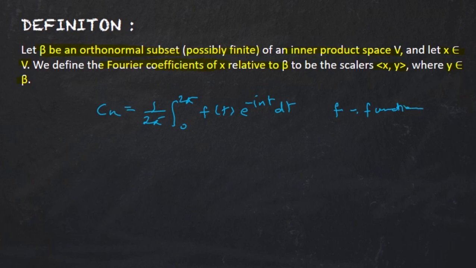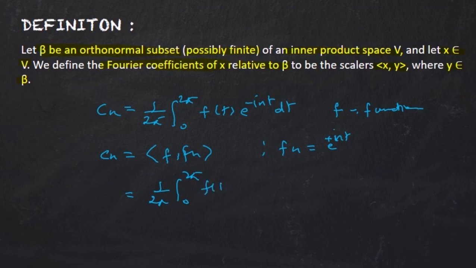So basically this Cn was equal to inner product of f with fn, where fn was e to the power int. So because fn is e to the power int and we have seen this inner product, this is equal to 1 by 2 pi integral from 0 to 2 pi of f(t) times fn(t) bar, which is e to the power minus int dt.